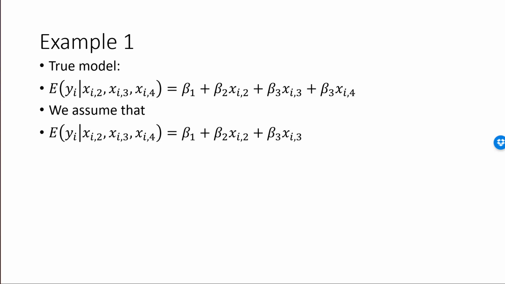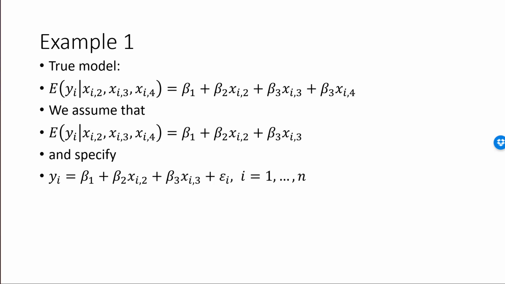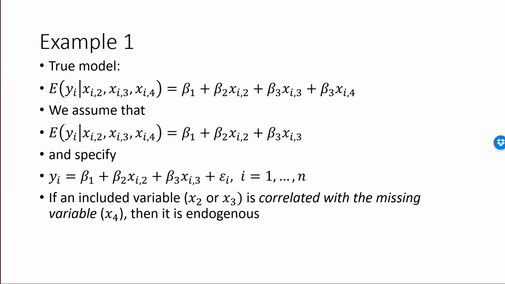With this assumption, we run the linear regression model where y is equal to this conditional expectation plus an error term, and we estimate this model using OLS. Then the following will be true. If any of my included variables, x2 or x3, is correlated with the missing variable, the one I'm not including, x4, then this variable, x2 or x3 or both, will be endogenous.